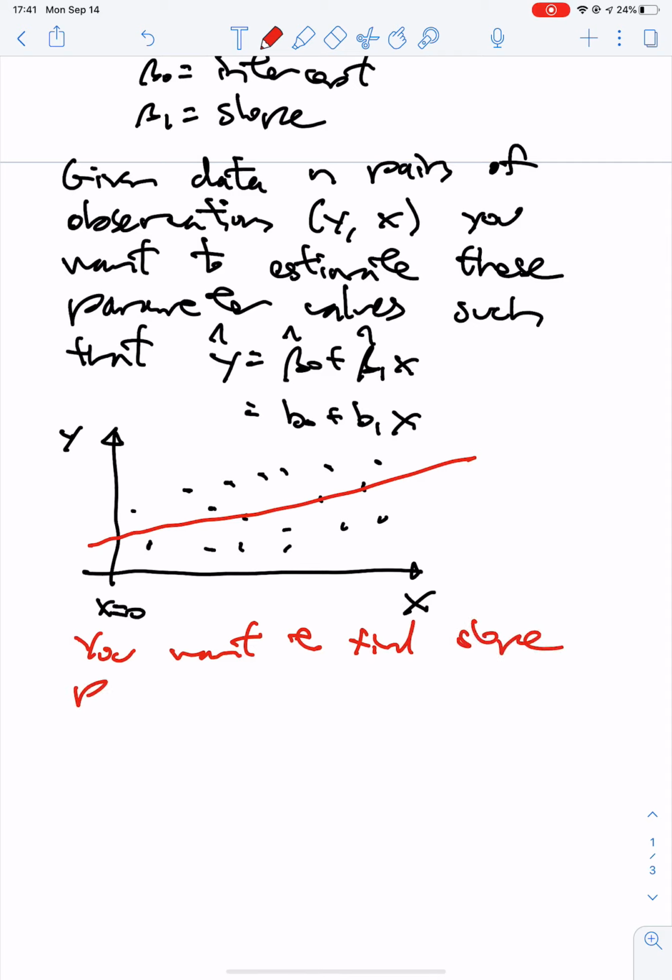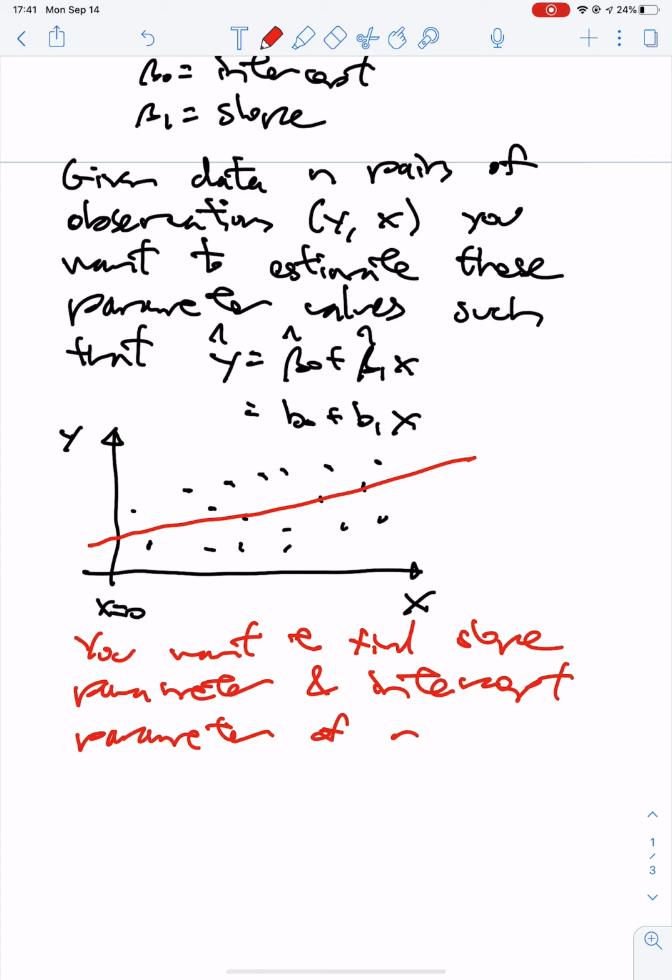Okay, that example is simple enough, and you've seen that in 220. And in 291, you've seen situations where you had more than one x variable. And that's what we call multiple regression.